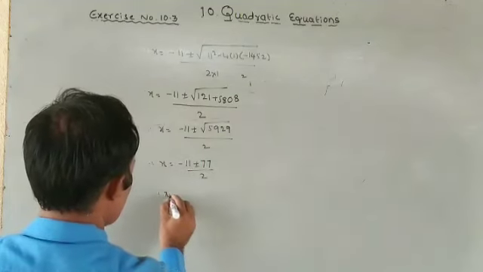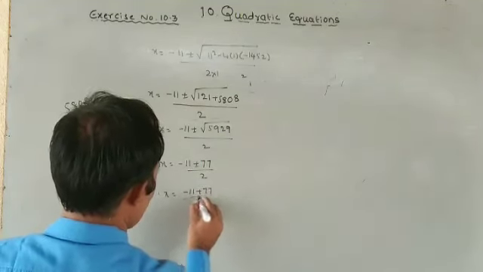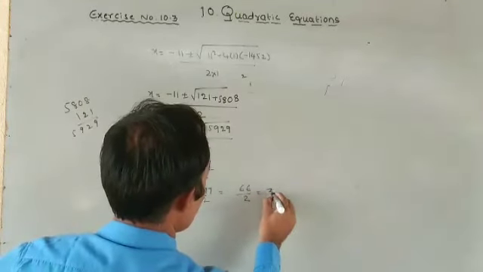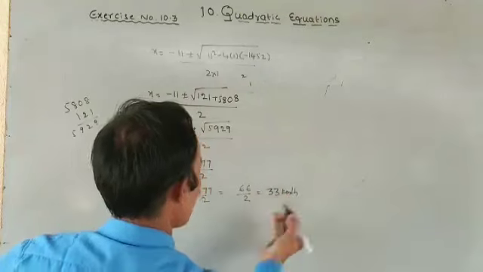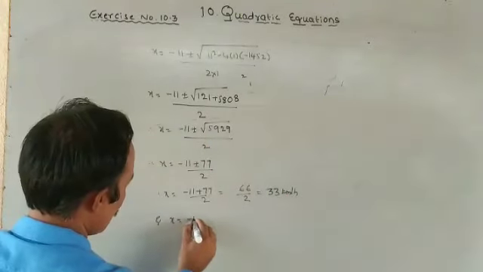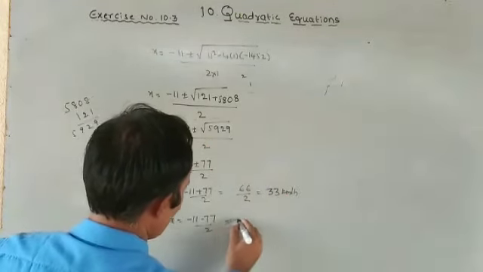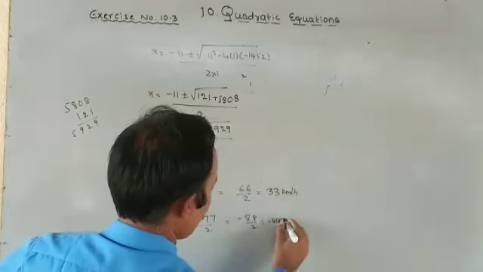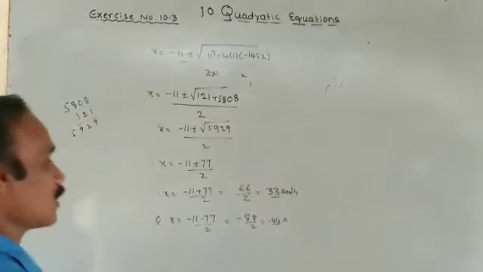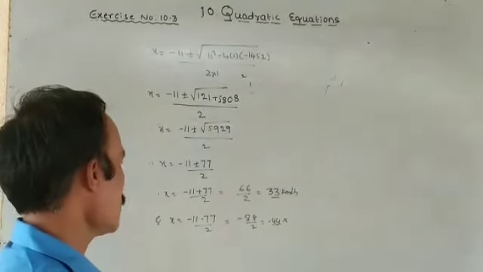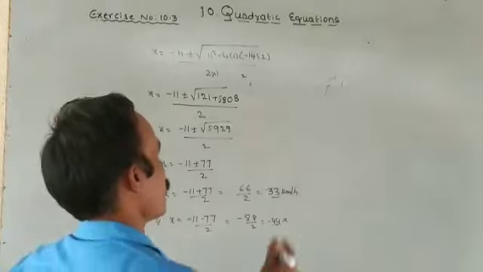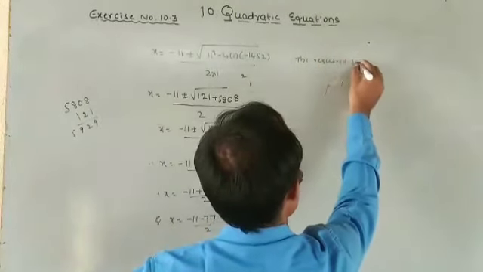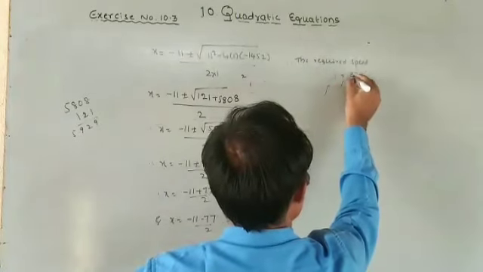Next, therefore x is equal to 35, minus of minus 35 plus 35. Next, plus or minus root of 35 square, 1225, minus into minus plus, 4 5s are 20, 4 7s are 28 plus 2, 30, 4 3s are 12, 12 plus 3, 15, 1500.